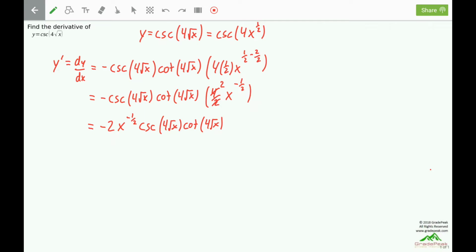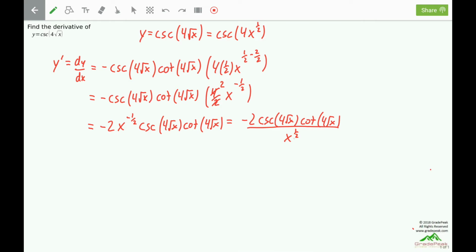It'll become a positive exponent. And we can now write this as negative 2 cosecant 4 square root of x cotangent 4 square root of x all over x to the positive 1/2 power. That's the only one that'll move because it's the only one raised to a negative exponent.